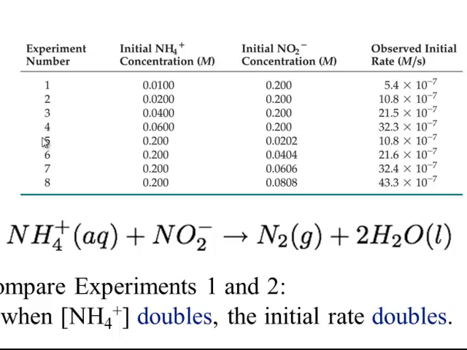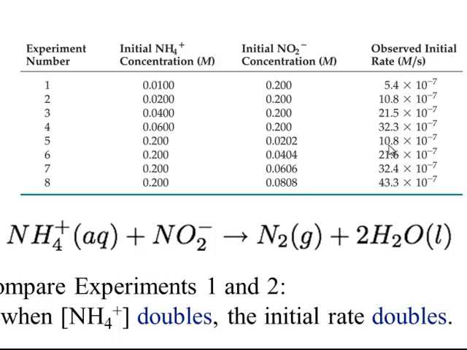Now, if you look at experiment number 5 and experiment number 6, the initial concentration of ammonium is kept the same this time, but the concentration of nitrite ions is doubled. And what do you see out here?